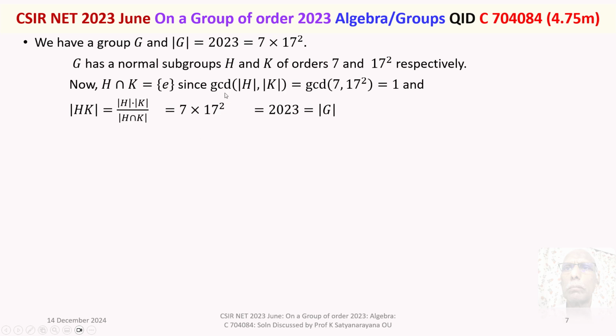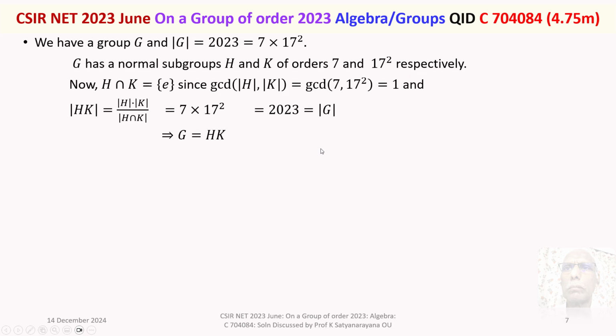Now 7 into 17 square is 2023, that is the order of G. HK is a subgroup of G and the order of HK is equal to the order of G, which compels us to say that G is equal to HK.